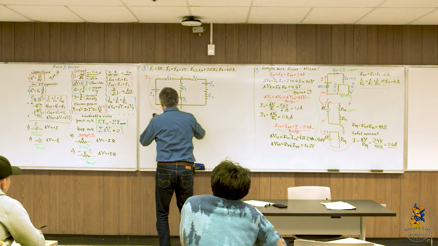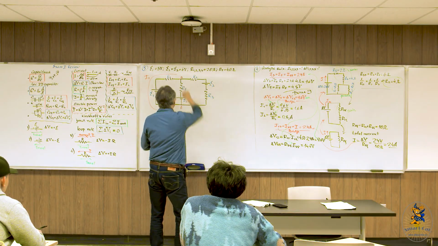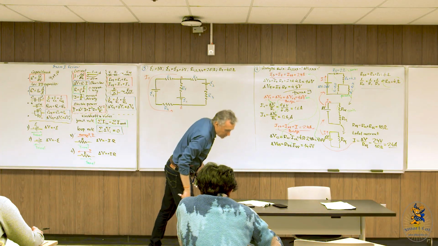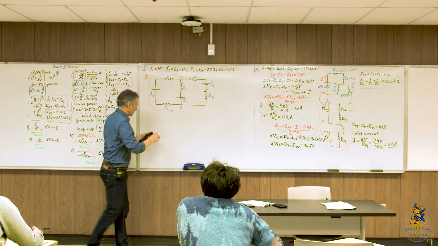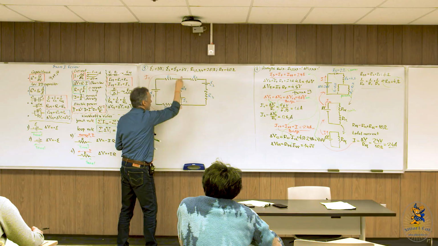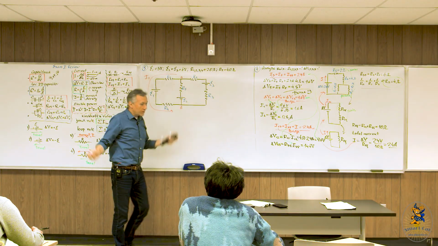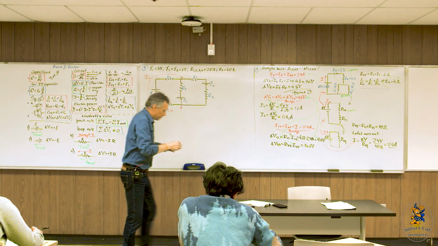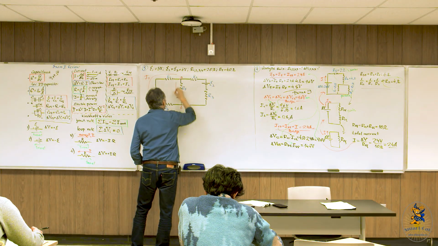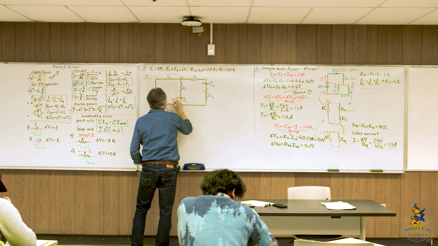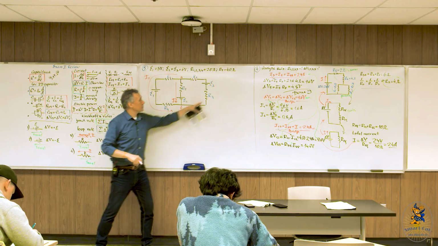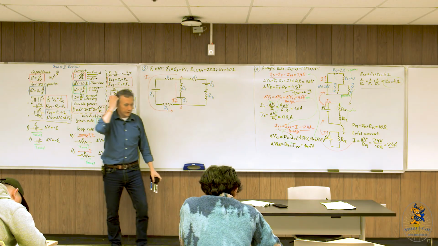Okay, so I1, then I2 in this part of the circuit between A and B, and I guess the direction is down. I2 is down. That's my second current. And in this part of the circuit, there will be current I3.